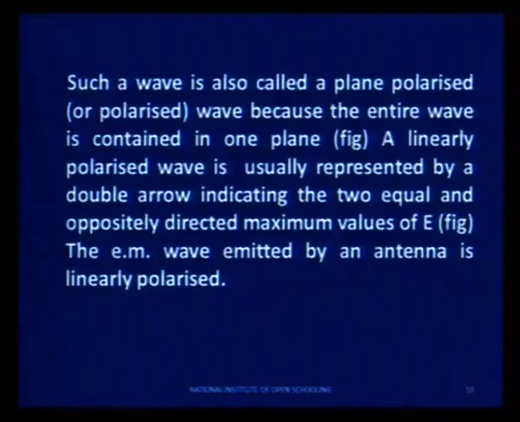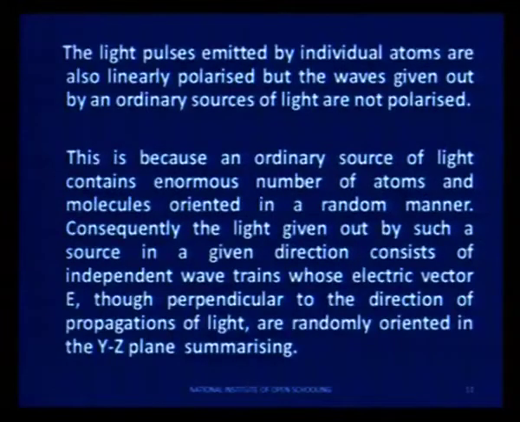Such a wave is also called plane polarized light, because the entire wave is contained in one plane. A linearly polarized wave is usually represented by a double arrow indicating the two equal and opposite directions of maximum electric field E. The electromagnetic wave emitted by an antenna is also linearly polarized.